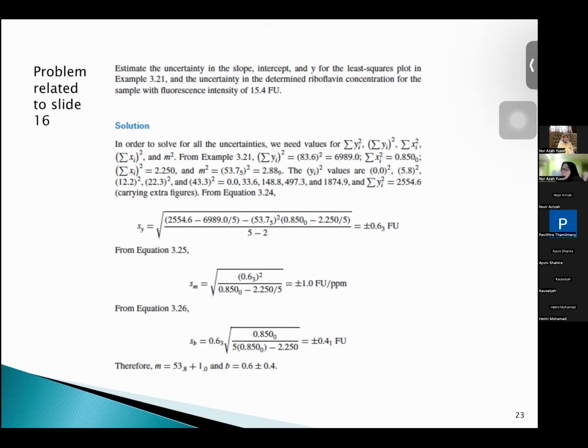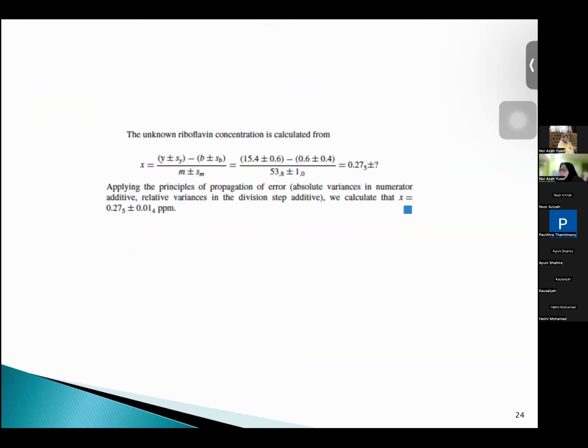This problem is related to slide 16, the riboflavin just now. This is how we calculate the standard deviation for Y, for the slope, and for the intercept. Just use the formula and we can get the values. Same goes with the unknown sample.